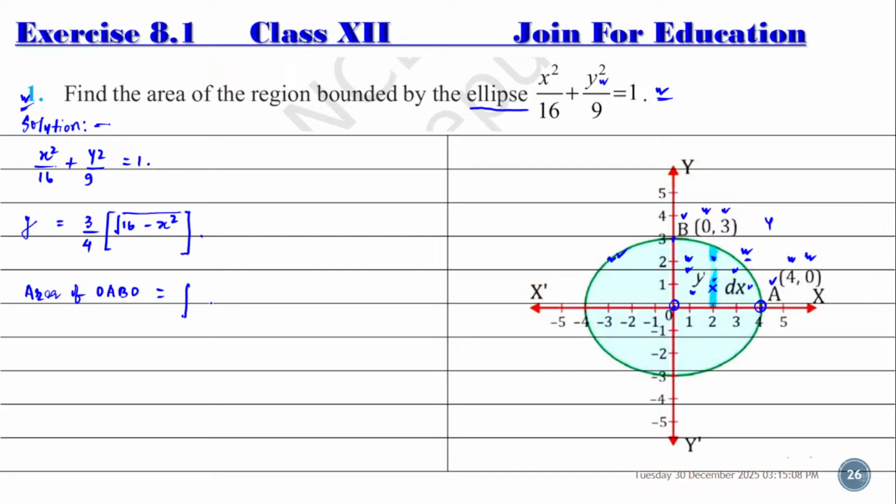integration, where the limit of x changes from 0 to 4. So we write down here 0 to 4 into 3 by 4, this is the value of y, into root of 16 minus x square, into dx.